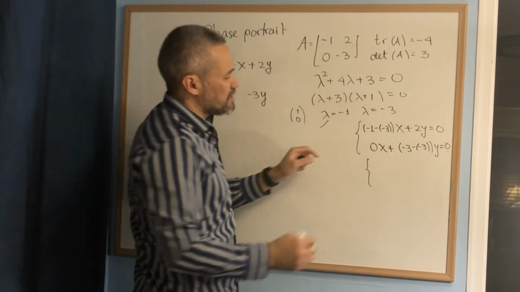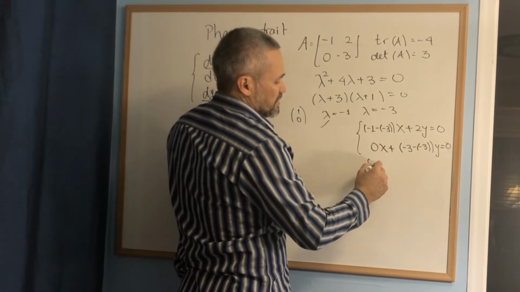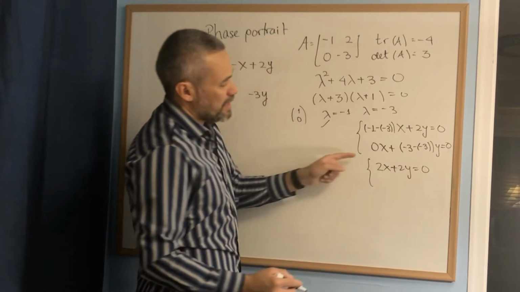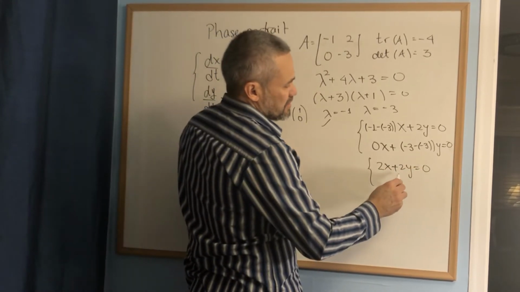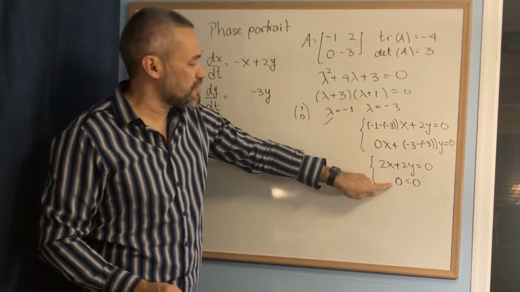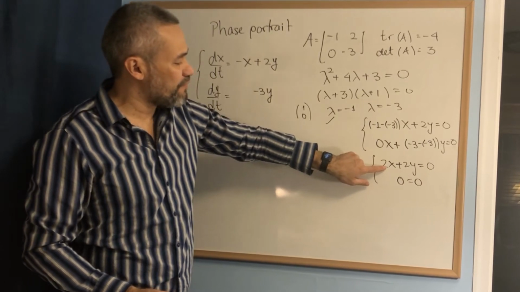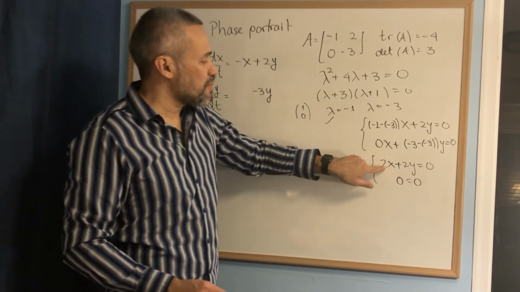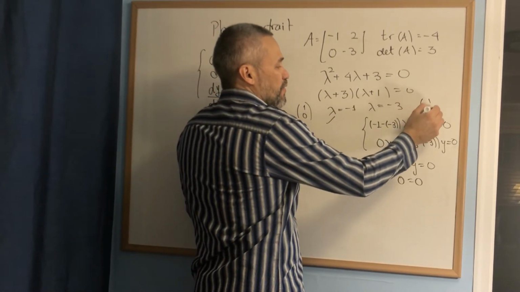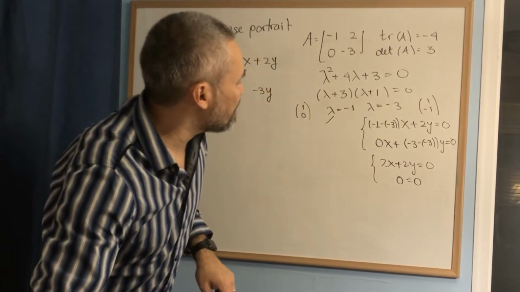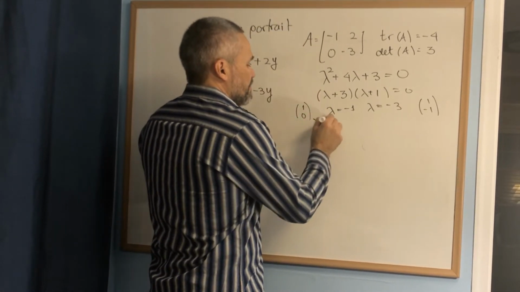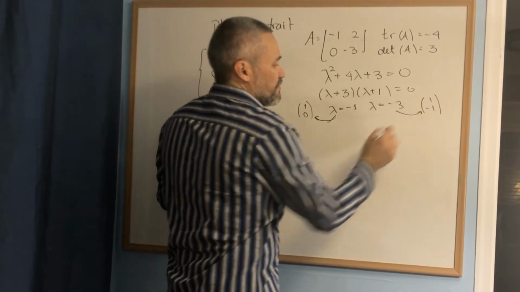This equation is 2x plus 2y equals 0, and the second equation is just 0 equals 0. The second equation is always true, so we just need to solve the first equation. We cannot pick (0, 0), but one possibility is to pick x equal 1 and y equal -1. Then we have our two eigenvectors: this is the eigenvector for this one, and this is the eigenvector for that one.